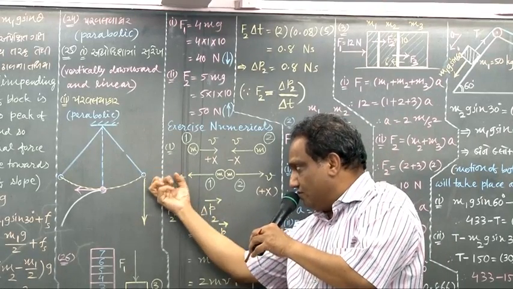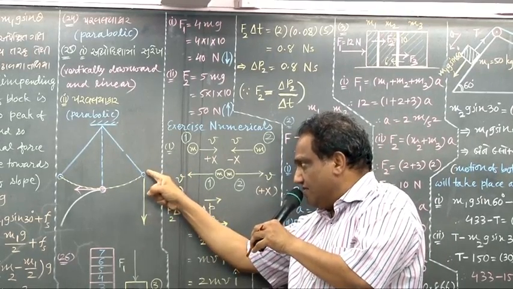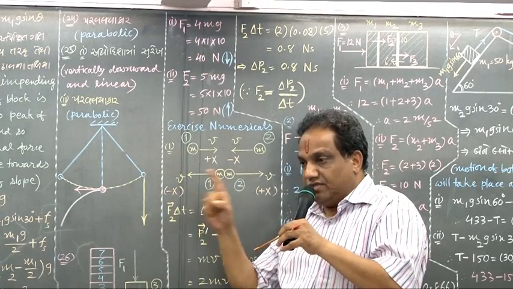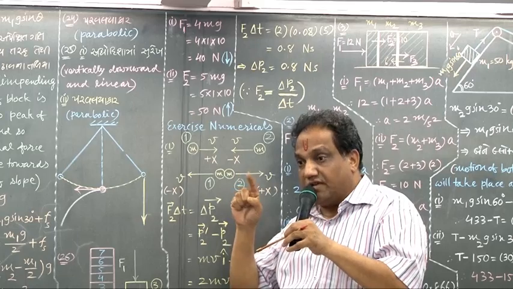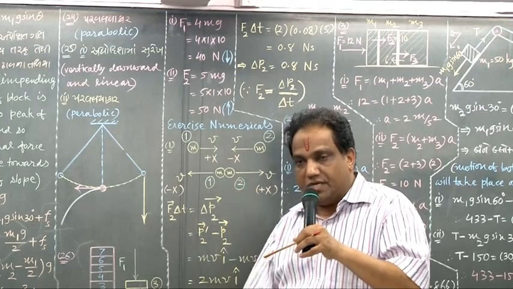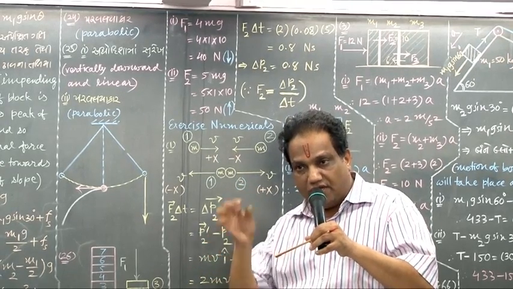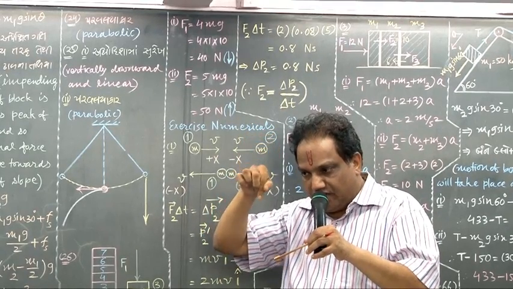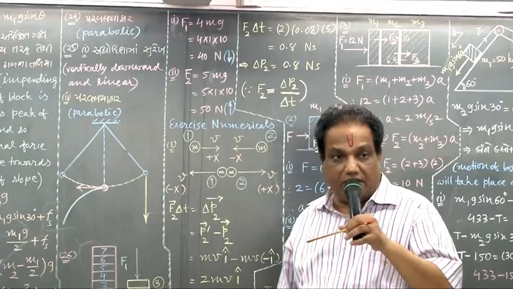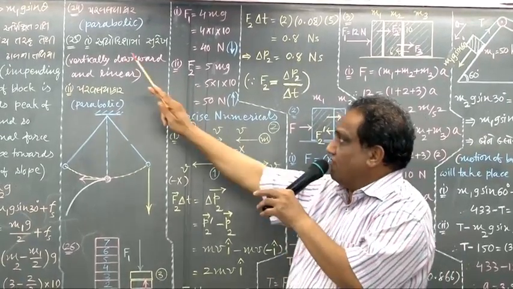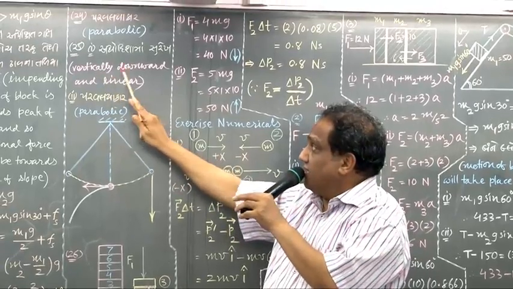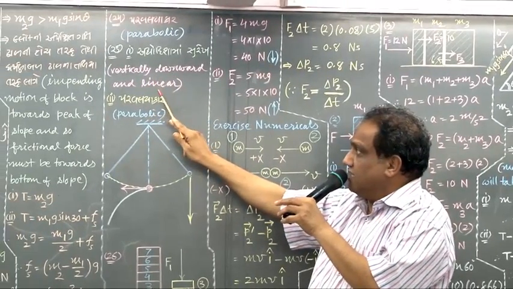Because of gravitational force, this body will start falling vertically downwards, starting with 0 initial velocity. You know, for a freely falling body, initial velocity is 0, and then after it is falling vertically downwards. That is along a straight path. So in the first case, the path followed by the body will be vertically downwards and straight, that is a linear path.